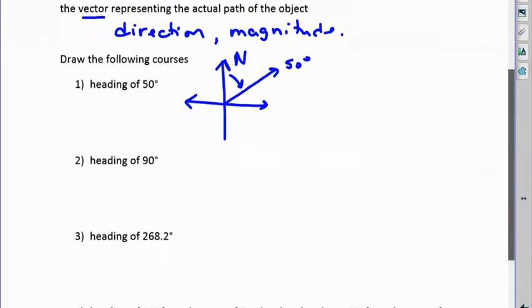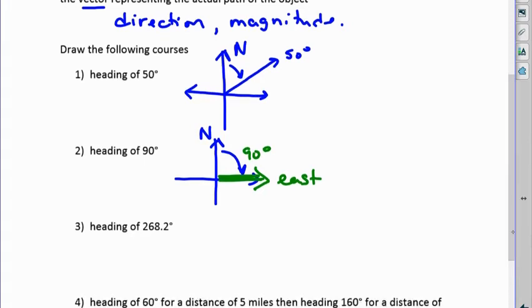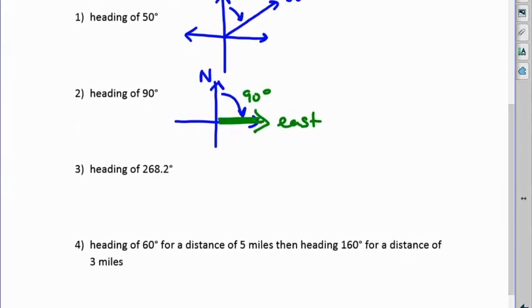And if I was going a heading of 90 degrees off of my north arrow, I would be going directly east, wouldn't I? That would be a 90-degree course, going east, but they would call it 90 degrees.